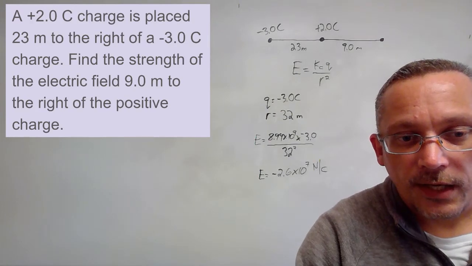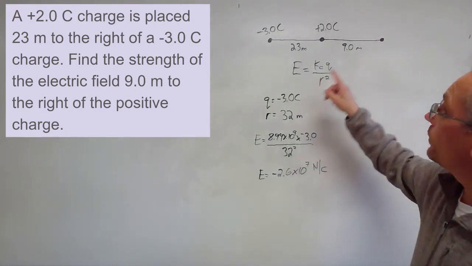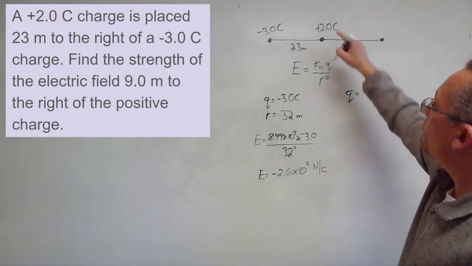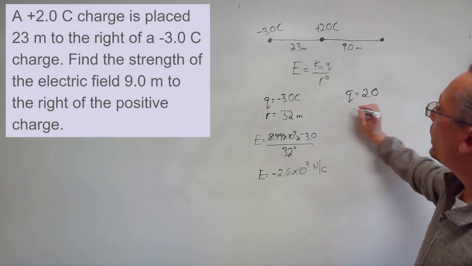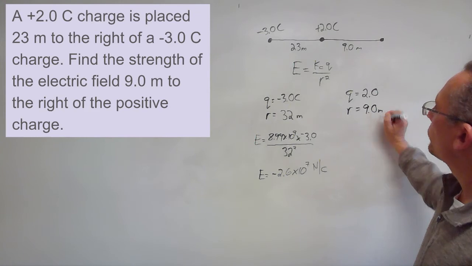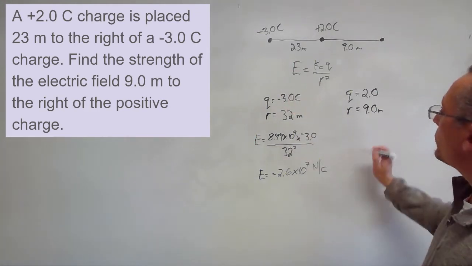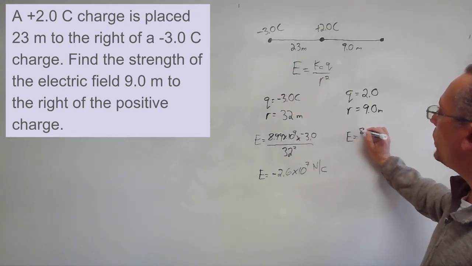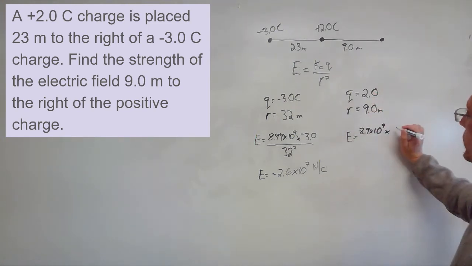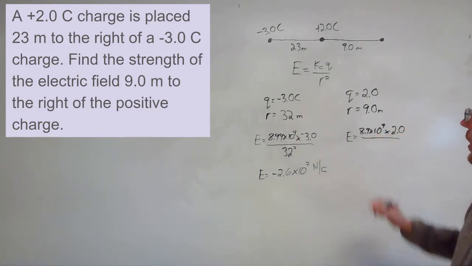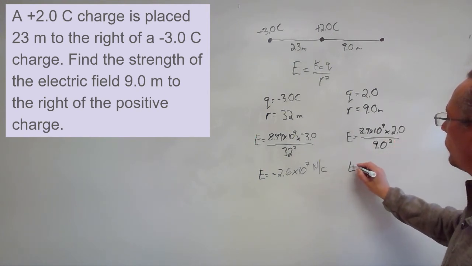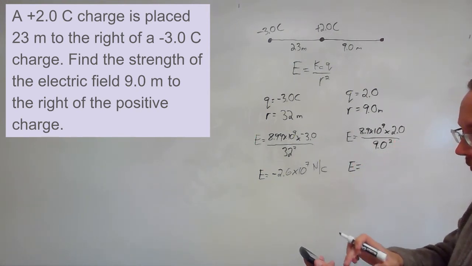Let me go ahead and find the electric field strength from the other charge. In that case, Q is positive 2.0, and r is just this distance here, which is 9.0 meters. Let's put the numbers into that equation. E is 8.99 times 10 to the 9th times 2.0 divided by 9.0 squared.